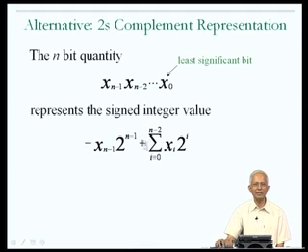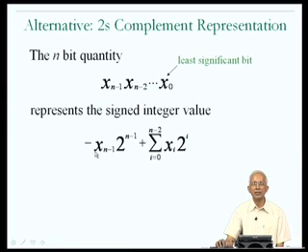In the case of the sign magnitude representation, the first term was minus 1 to the power x sub n minus 1. And that was going to be minus 1 if x sub n minus 1 was 1, and plus 1 if x sub n minus 1 was 0. In the 2's complement representation, on the other hand, we have a magnitude associated with the sign bit, and the magnitude is going to be quite high.